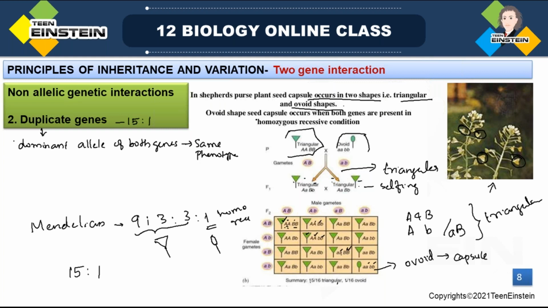The ovoid shaped seed capsule occurs when both genes are present in homozygous recessive condition. In all other conditions, that will give triangular capsule. Got it?